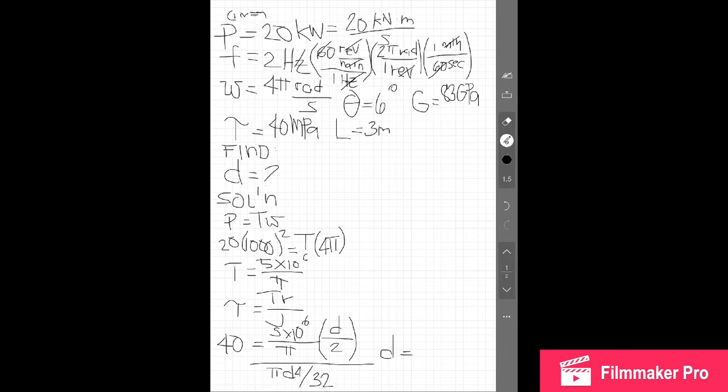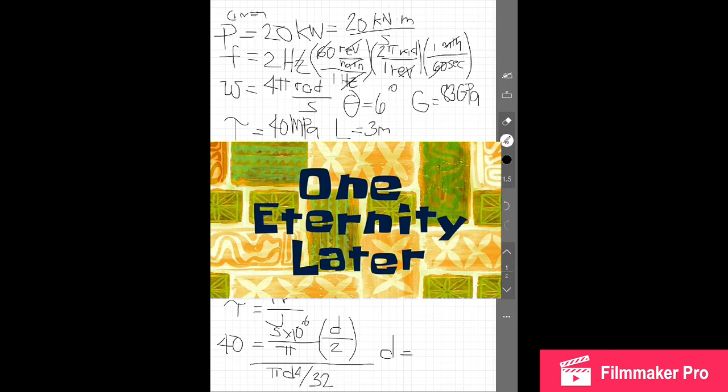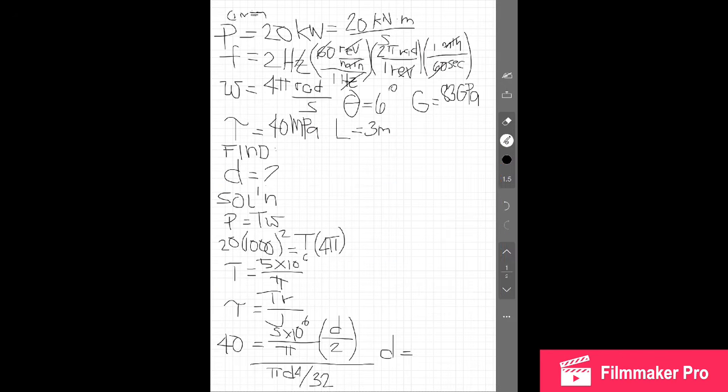So, pindutin natin. 40 is equals to 5 times 10 to the 6 divided by 5 times x divided by 2 is 5 times x raised to 4 divided by 2. So, maglagay kayo ng value para medyo mabilis. Lagyan yung value ng x, kasi pag sinero nyo yan, yung calculator magsisimula ng 0 hanggang mahanap nyo yung sagot.